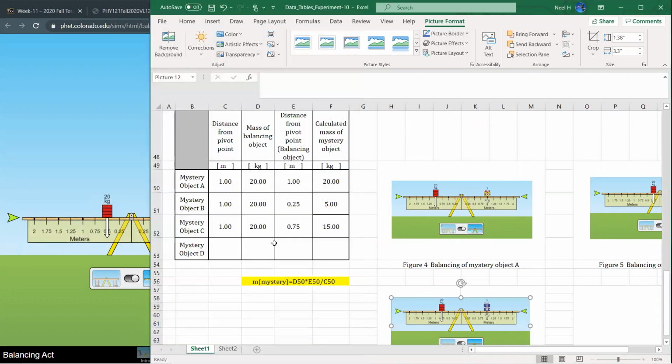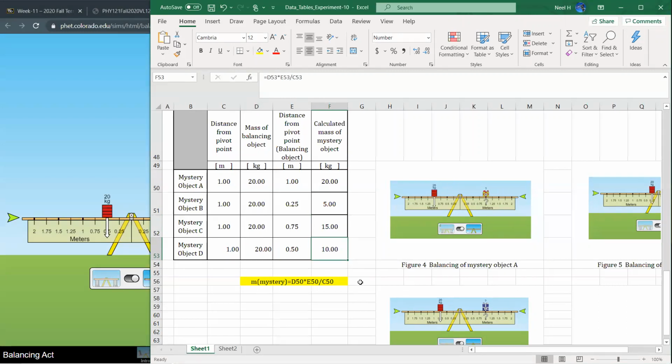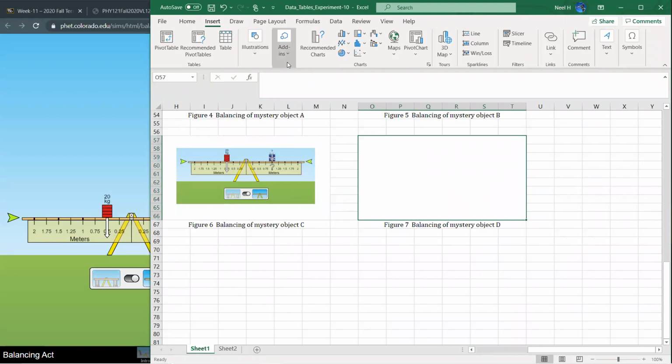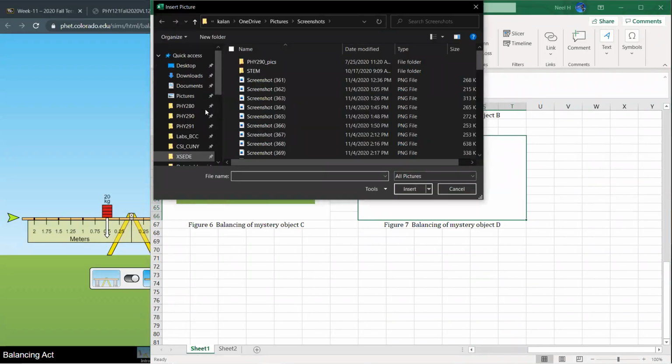Let's do the calculation. 1 meter, 20 kilogram is still what I'm using. Now this is at the 0.5 location. If you do the torque equation, you will get that it is about half, the object is about 20 kilogram. So let's add that picture into here. So that's it. Any question?